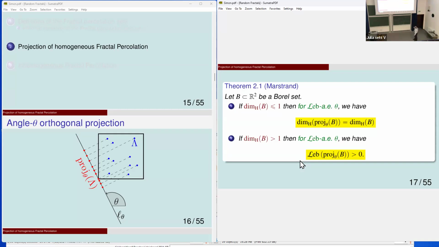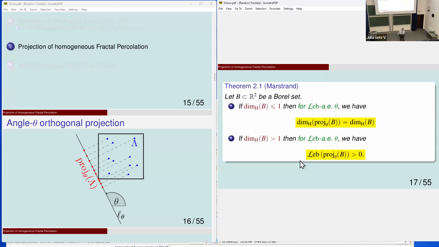Now, if you have a set whose dimension is bigger than 1, then of course you cannot possibly preserve the dimension by projection: if your set has Hausdorff dimension 1.5, then the projection on the line cannot have Hausdorff dimension more than 1, so it will decrease.